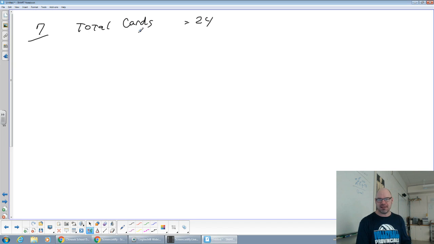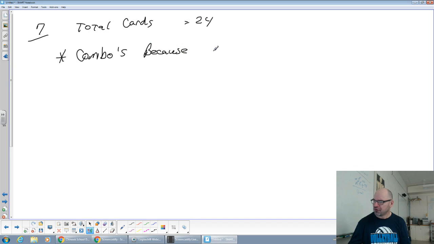When you're dealing hands, the order that you get the card doesn't matter, because if you get it first or fifth, you still have it in your hand. So this deals with combinations, because order does not matter.